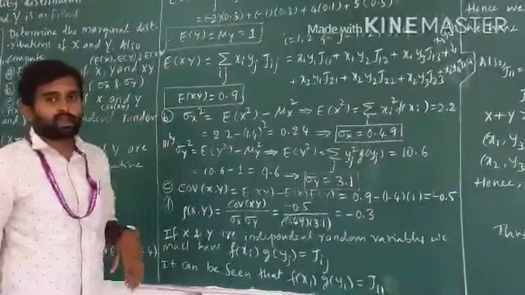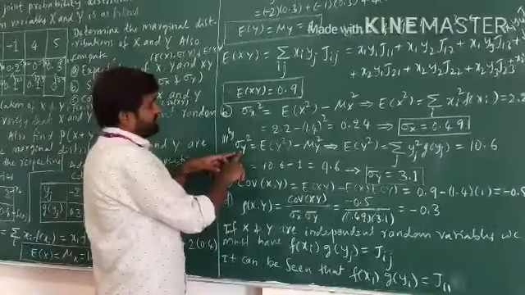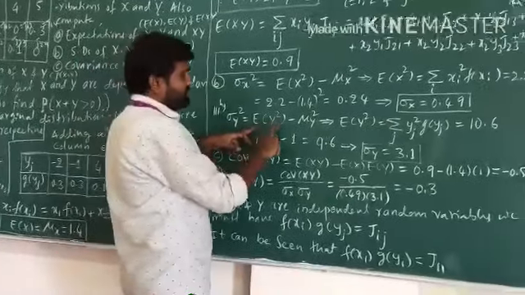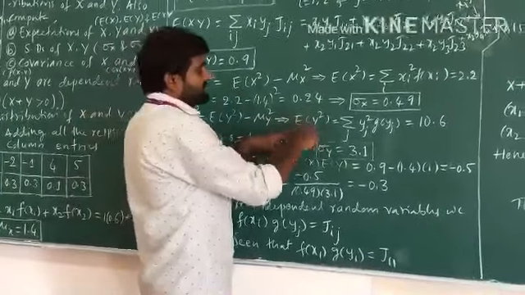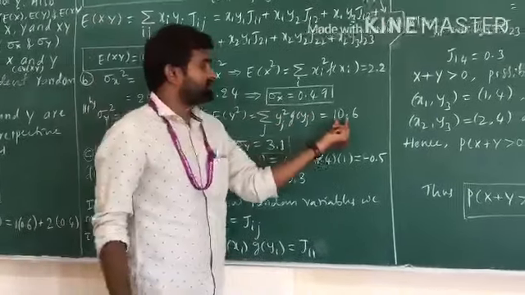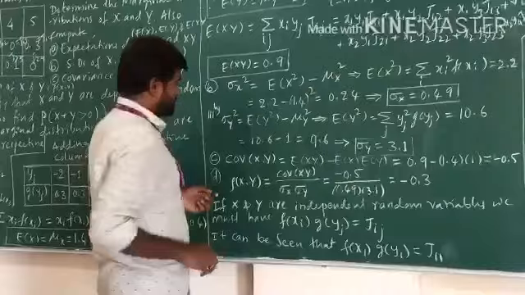Similarly for the standard deviation, delta y square is the same thing: expectation of y square minus mu y square. Expectation of y square is this expression; after splitting, the value is 10.6. It follows the same way.